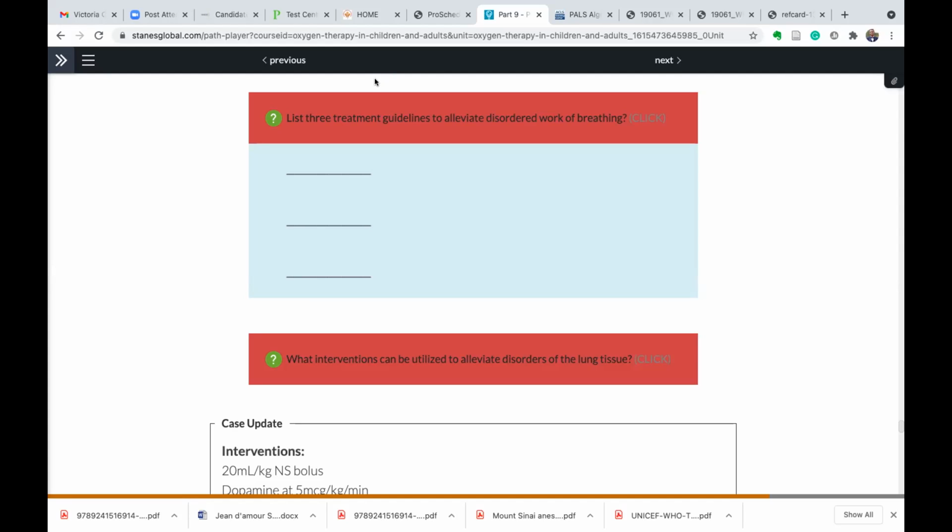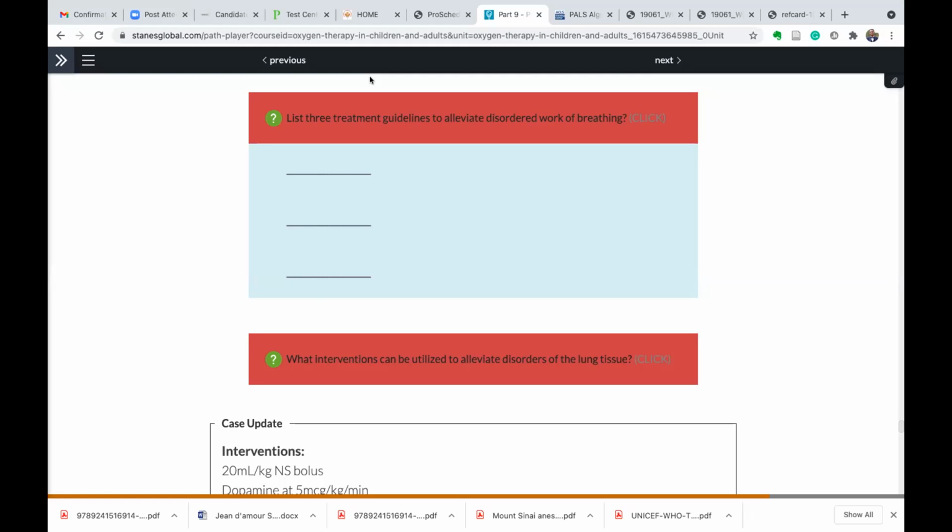So what are the complications of increased work of breathing? Once you understand the complications, then you know how you can manage that. So people will have risk of fatigue and respiratory failure, and then you may need ventilatory support, for example. And some of the causes, they may have central nervous system causes, like poisoning, for example.